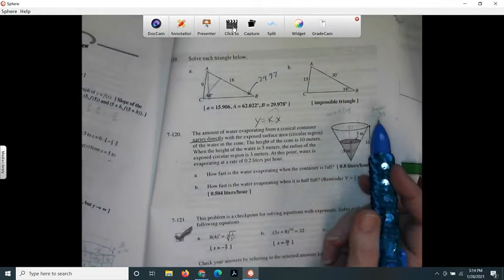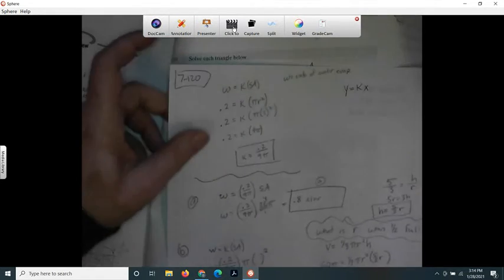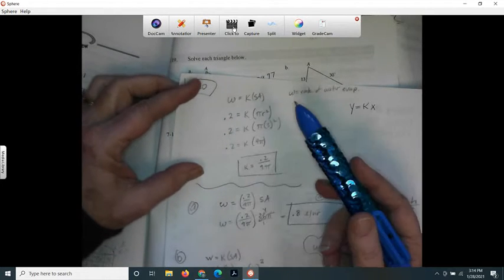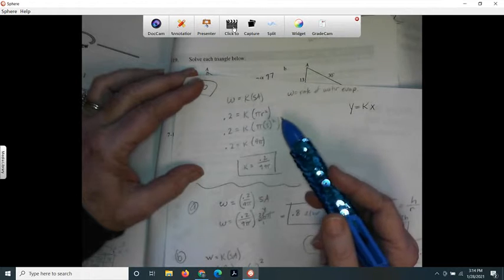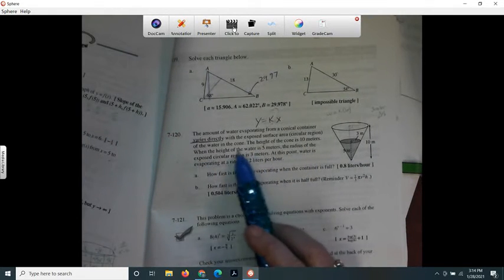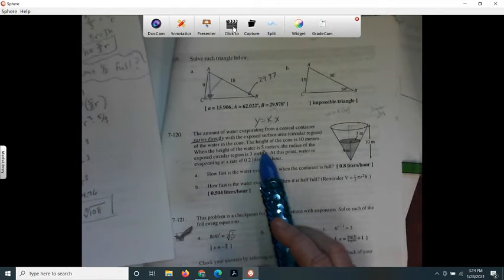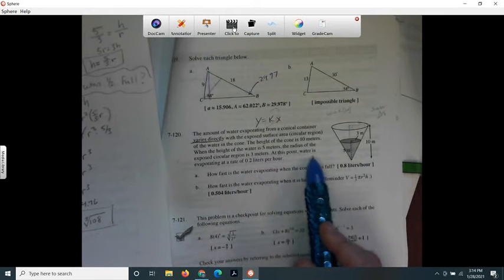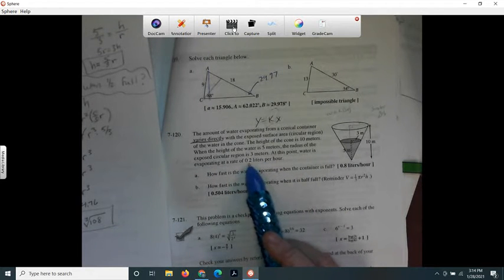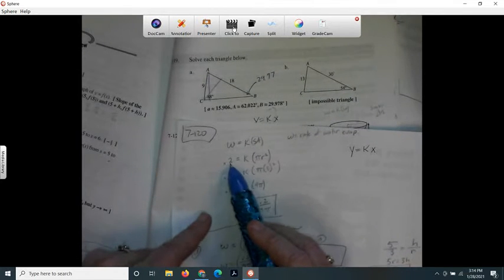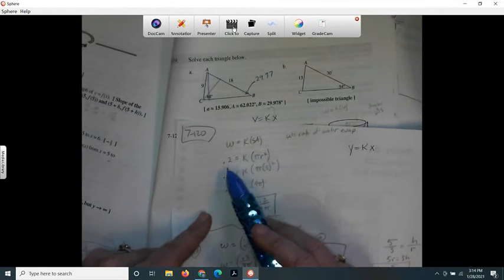So here's how I found k. I said the water varies directly as the surface area. They said when the height of the water is 5, the radius is 3, and at that same point the rate it's evaporating is 0.2. So I plugged in the 0.2 because that's the rate of the water evaporation.